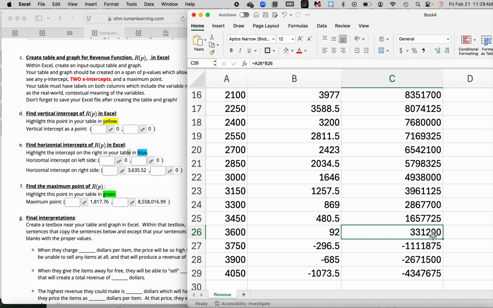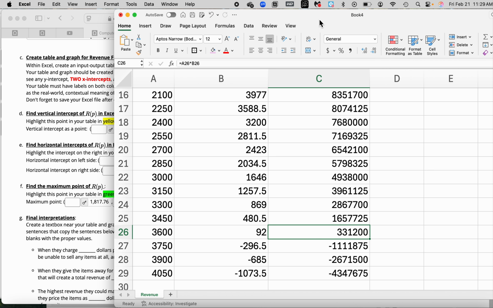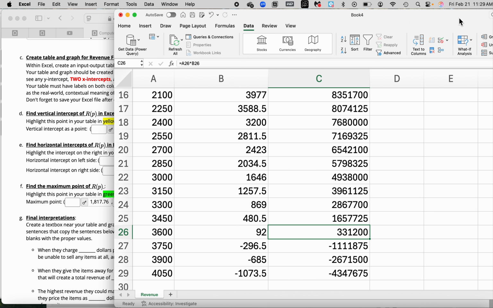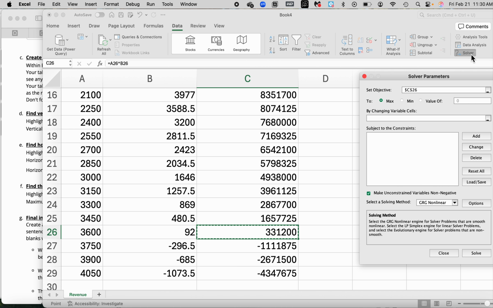So I'm going to pick the revenue that's closer to 0. This happens to be $331,200, and I'm going to use Data, Solver. What I want to do is take that cell C26 and force it to be equal to a value of 0. That represents my x-intercept.